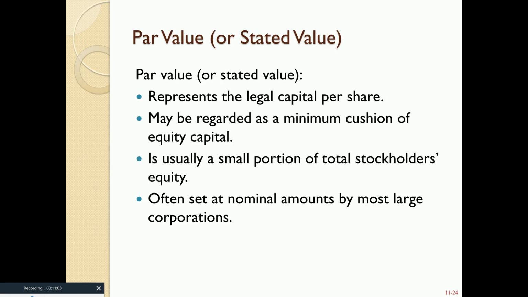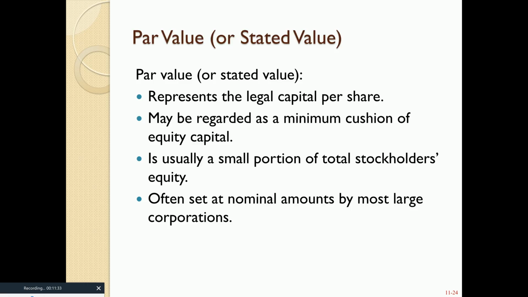Now, for accounting purposes, the one thing you have to understand is that the articles of incorporation are going to state that each share of stock has an accounting value called a par value or a stated value. For bookkeeping purposes only, that is what the par value or the stated value is. Let's say the par value or the stated value is $1 per share.